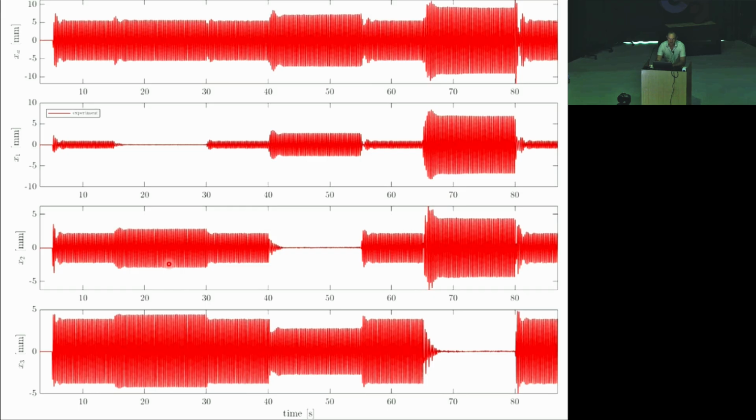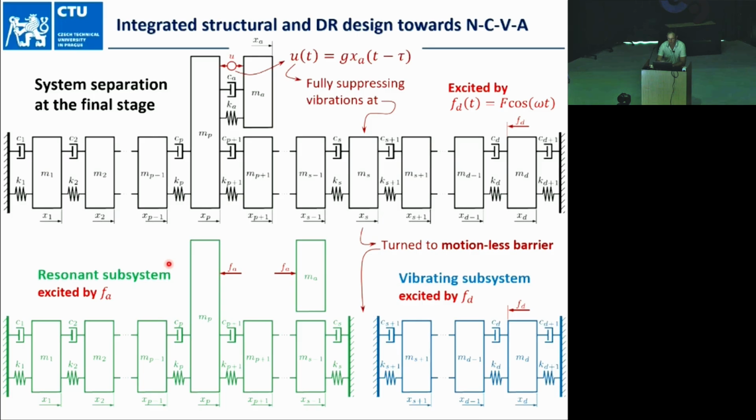And the second issue was the stability. The stability window was very, very small for given structural parameters. So we decided to target these two aspects, and for studying that, we considered the separation of the system.